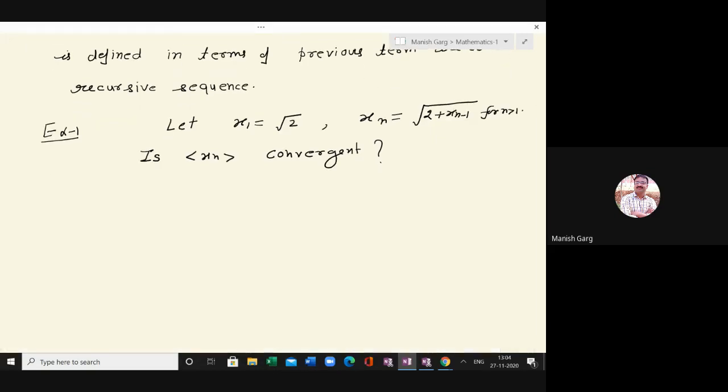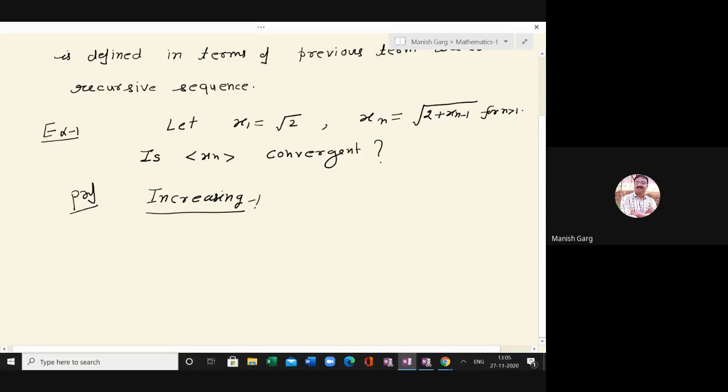So I am solving this problem: x1 is root 2, xn is equal to square root of 2 plus x(n-1). It is looking like an increasing sequence, so first I am checking whether it is increasing or not. It may not be, but we need to check.